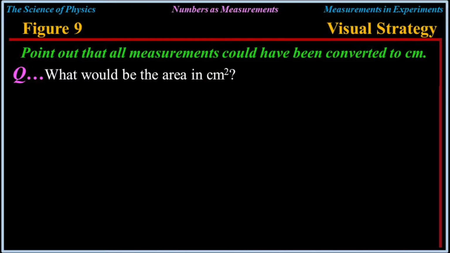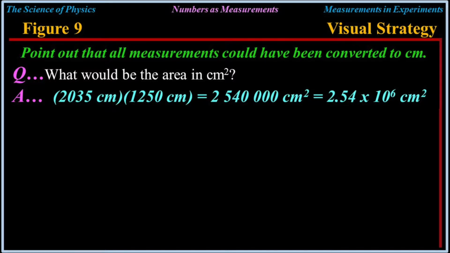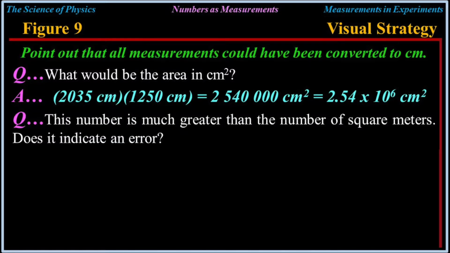Okay, so what would be the area if you measured it in centimeters? It'll be a larger number, but it will be equivalent to the smaller number. So it'll be 2.54 times 10 to the 6th centimeters squared. So it looks larger, but it's the same. They're said to be equivalent.